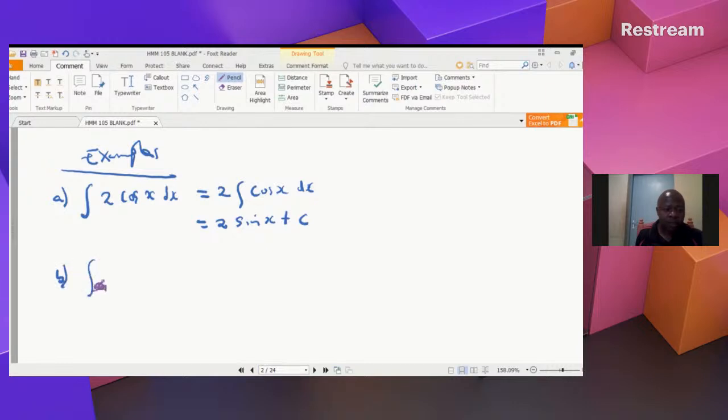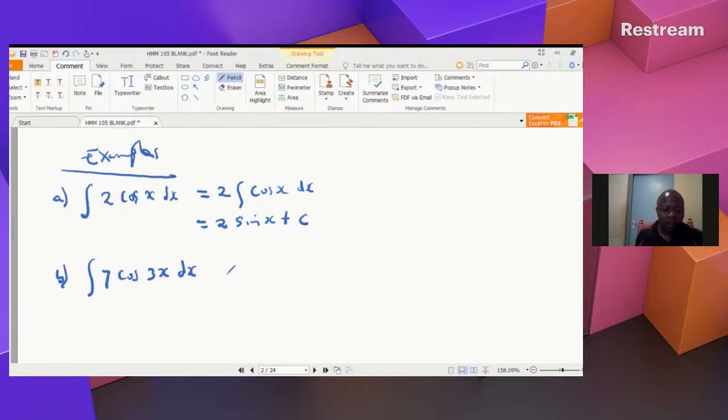Supposing I was given 7 cos of 3x dx. You notice that this is not one variable. This is bigger than x. So you cannot say that the integral of this is sine x or something.